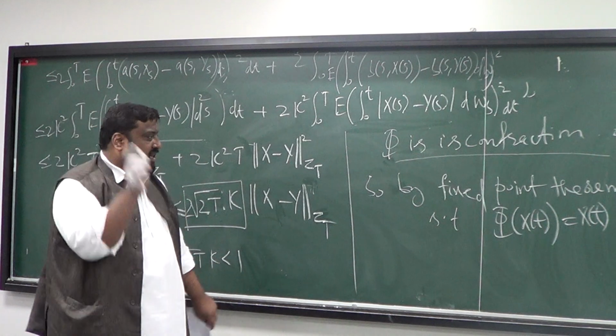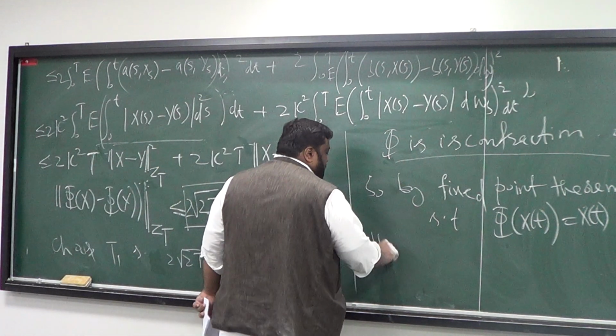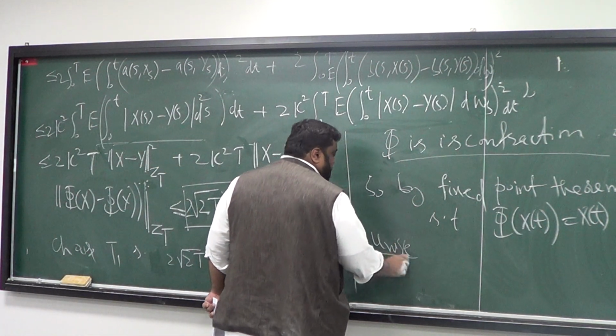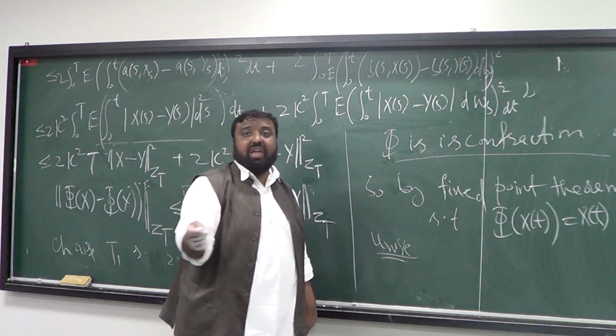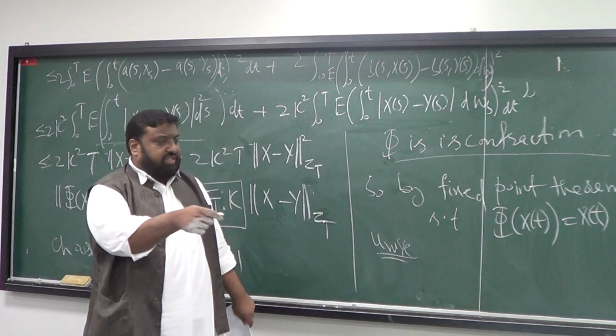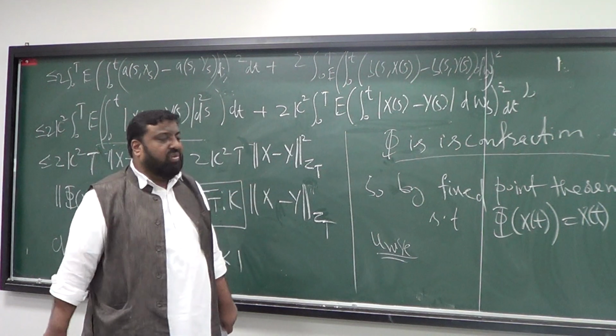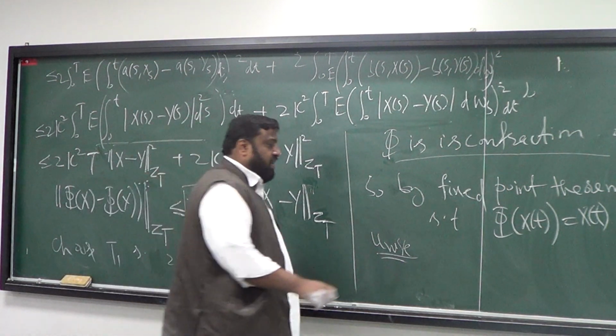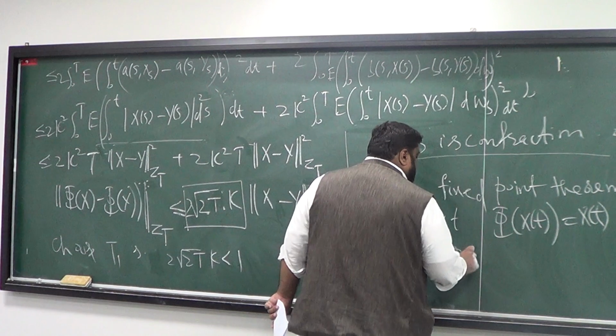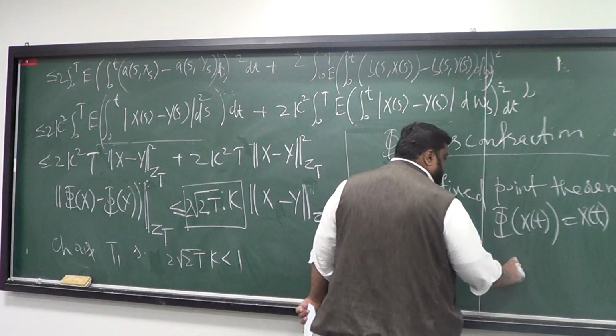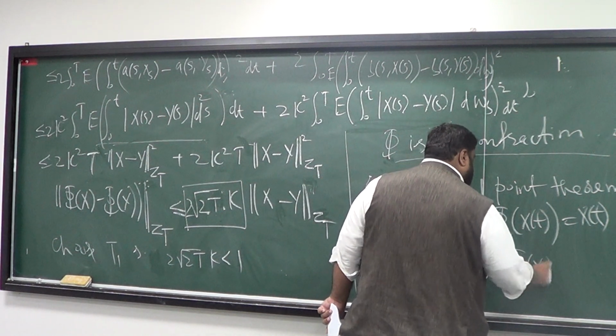Okay, why is this x unique? Imagine there is another y which satisfies phi of y equal to y. Now for those x and y, since phi is a contraction, they should satisfy this inequality.